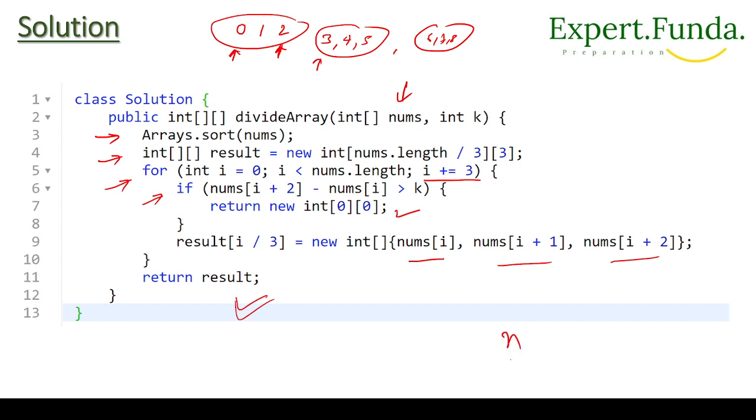So the time complexity depends on sorting, which we know is n log n, because we are processing each time. And for the space we are using an array to store the elements, so we'll take O of n to process n elements. So this is the space complexity and this is your time complexity.